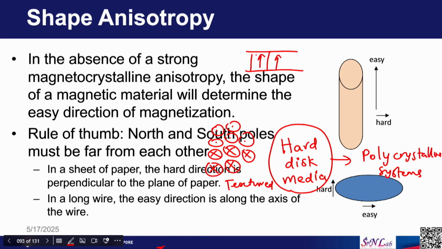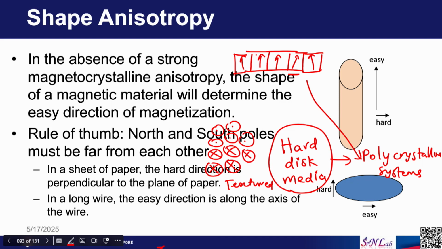Their easy direction may be mostly pointing in the perpendicular direction, whereas some grains may have slight tilting. This property you will see in polycrystalline materials, but in single crystalline material almost all the grains will be pointing in the same direction.